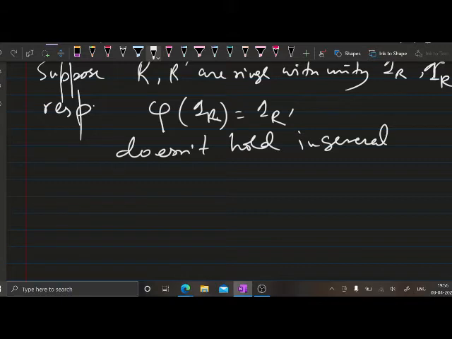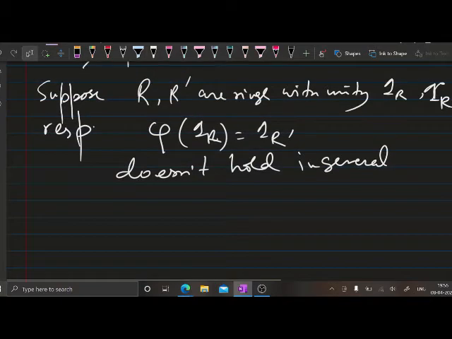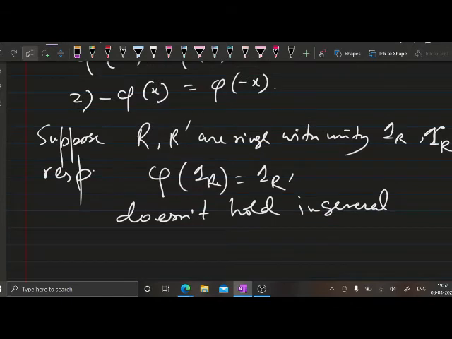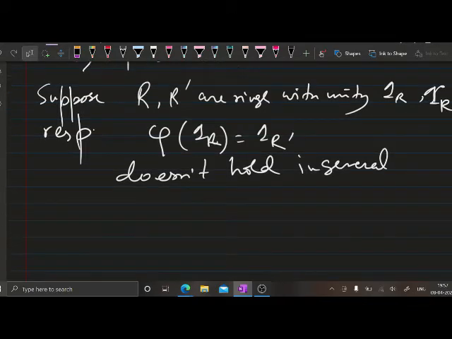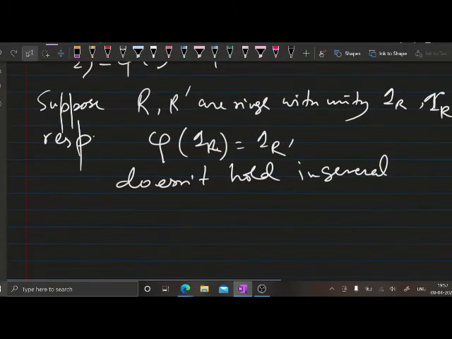But if you impose some condition on R dash, or if you impose a condition on the map phi, then we will see that this will happen.